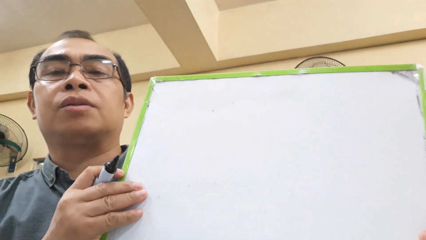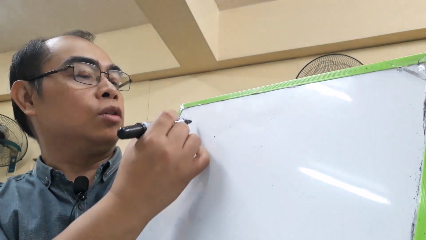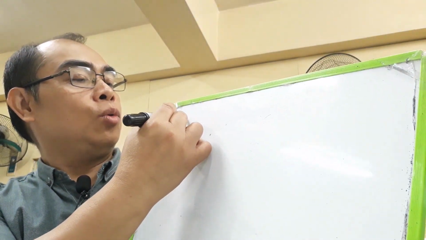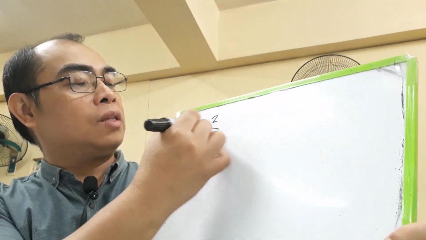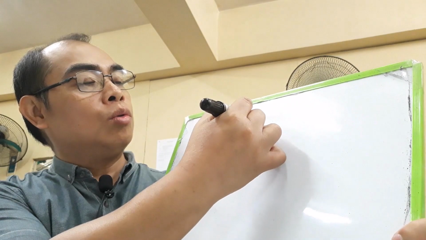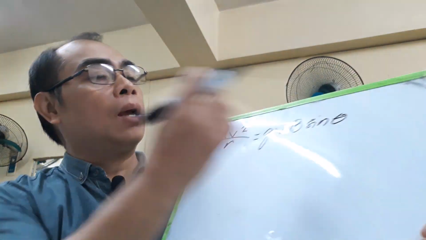Okay, so let us try to see how we are going to derive the equation. As what I've told you, mv squared over r is equal to q v b sine theta.